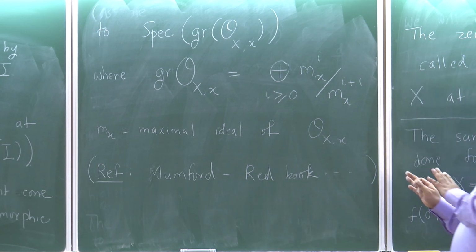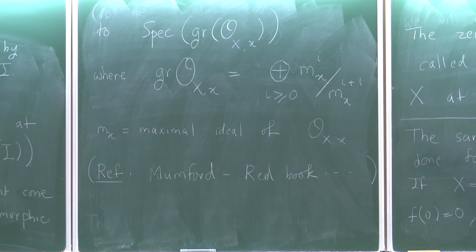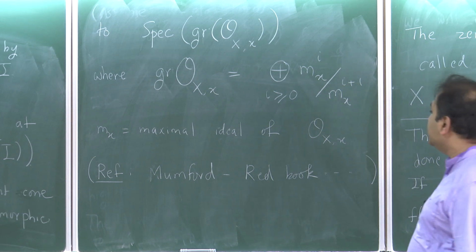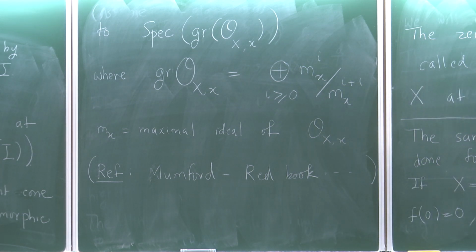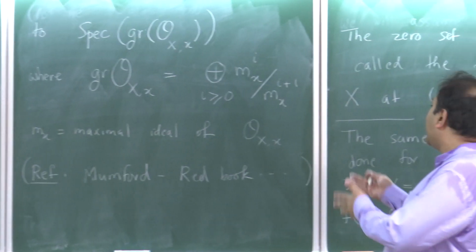My whole purpose in discussing all this was to motivate the normal cone, and I thought this would be a natural object to start with. Before I write down the definition, what are we going to prove in today's lecture? What is our intuitive understanding of why this should be useful?